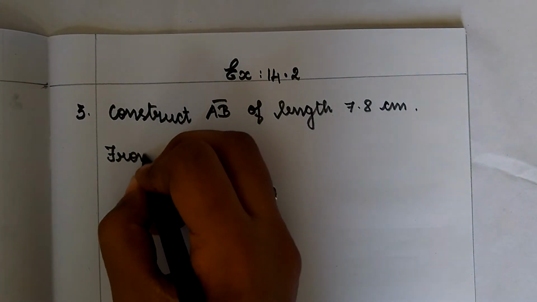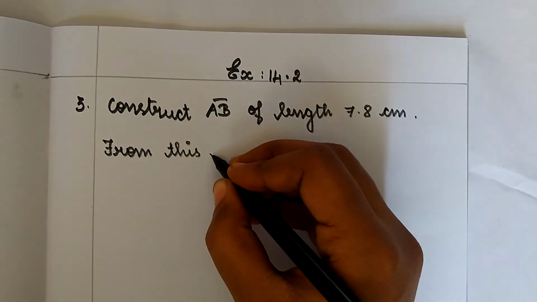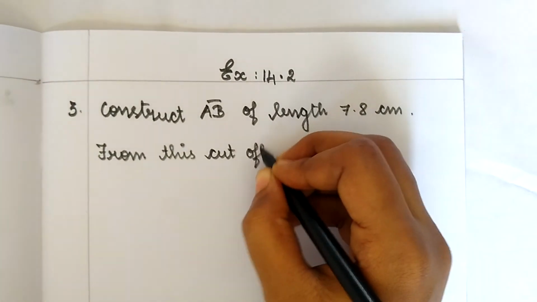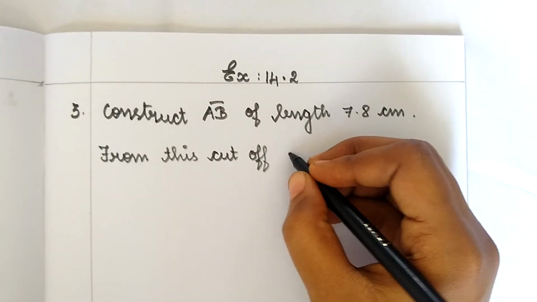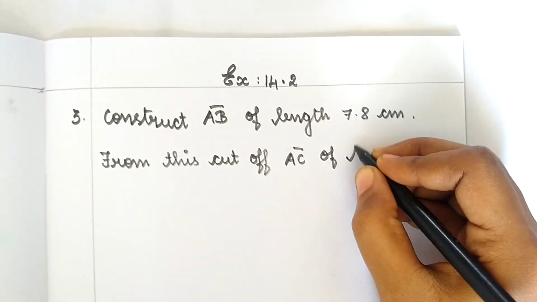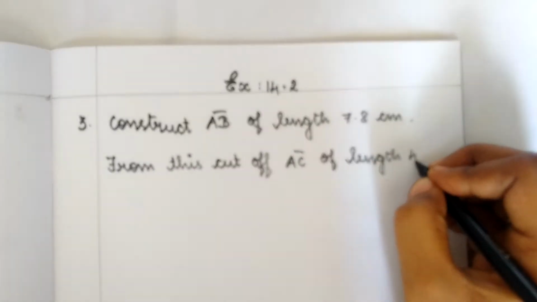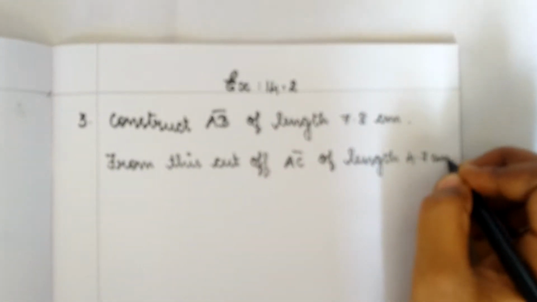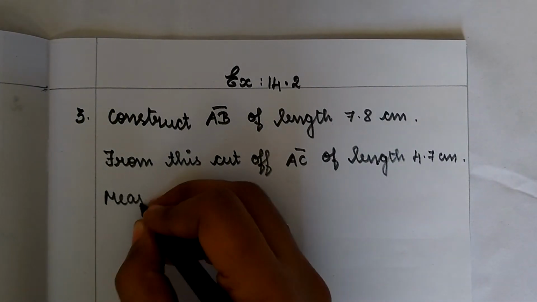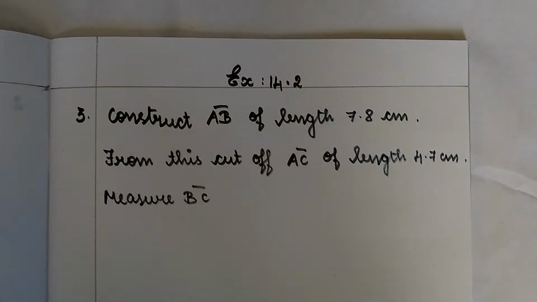From this cut off line segment AC of length 4.7 centimeter. Measure line segment BC.